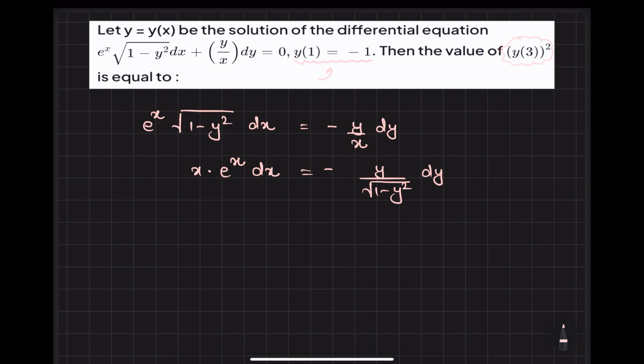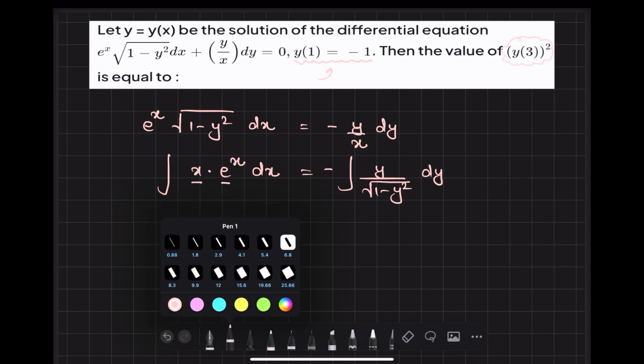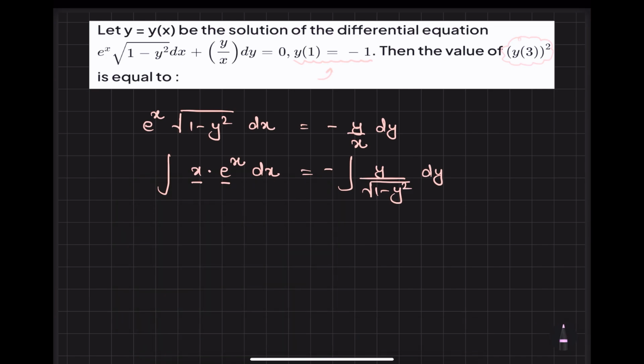Now we have segregated x and y, so we can apply variable separable over here. Now look at this, what I am trying to do. Now I want to go with integration, as we have already segregated them, so we can respond accordingly. Now look at this, we have one function and one function. So can I apply UV rule over here? Okay, integration by parts. For that we can use ILATE.